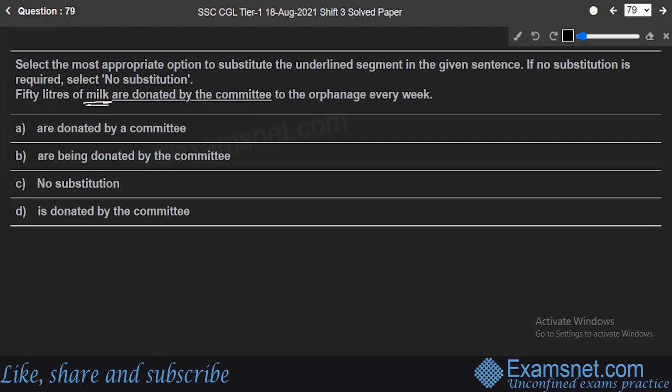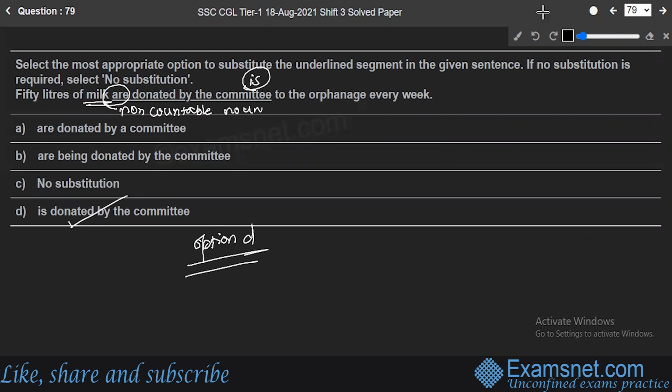Milk is a non countable noun, like water, snow, or rice. With these, we always use a singular form of verb. Are is not allowed. Here it should have used is, and the correct sentence will be 50 liters of milk is donated by the committee to the orphanage every week. So it should be is donated by the committee. This one should be the correct one in the given sentence, right? Option D.